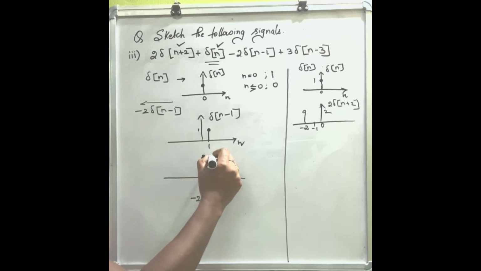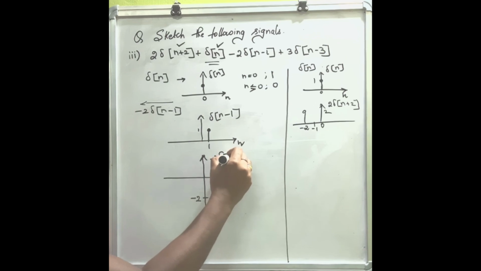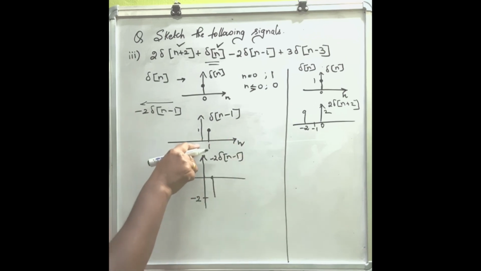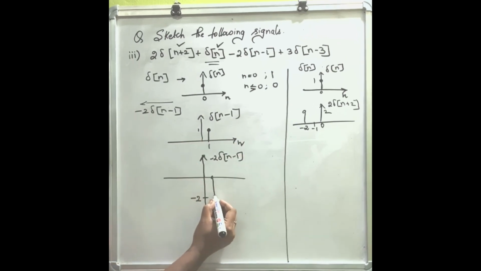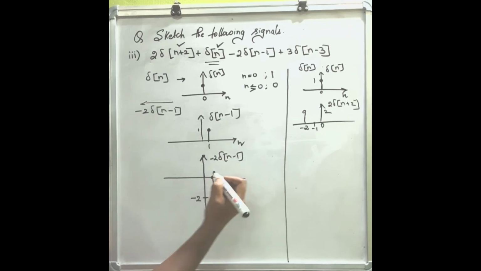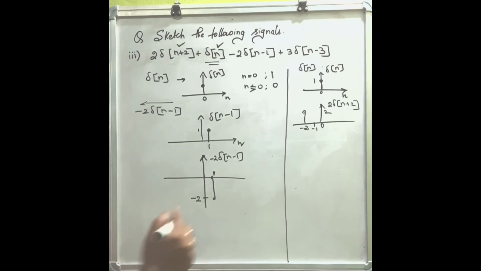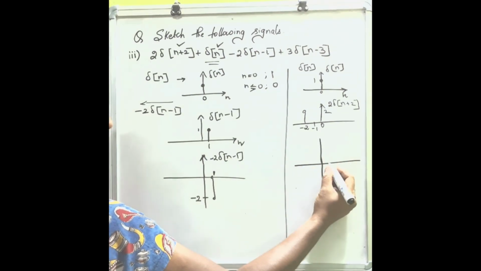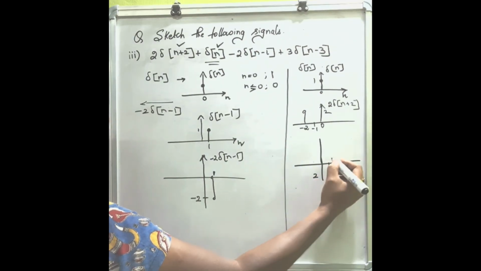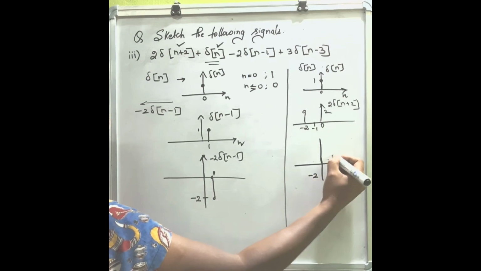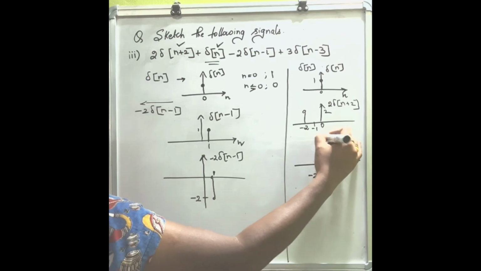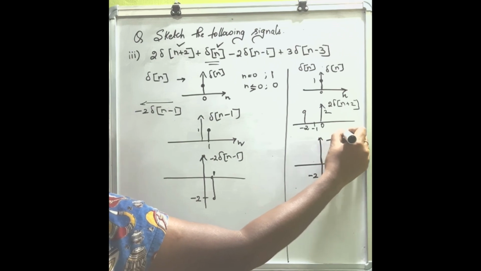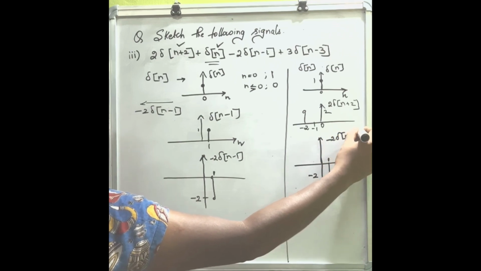So the new signal is minus 2 del of n minus 1. Let's draw it separately. It comes down to minus 2 here, at 1. This is minus 2 del of n minus 1.